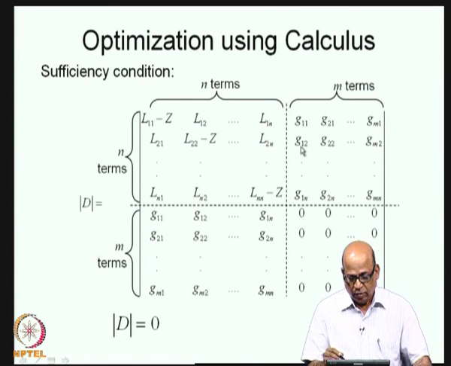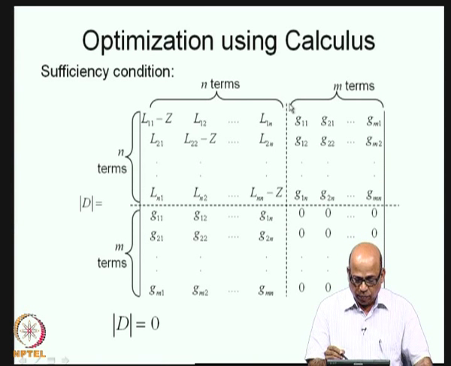Then this is the partial derivative of the first constraint with respect to second variable, second constraint with respect to second variable, etcetera, mth constraint with respect to second variable, and so on. So, we get mth constraint with respect to nth variable. So, this will be m terms here and n terms here. So, this is an m by n component.